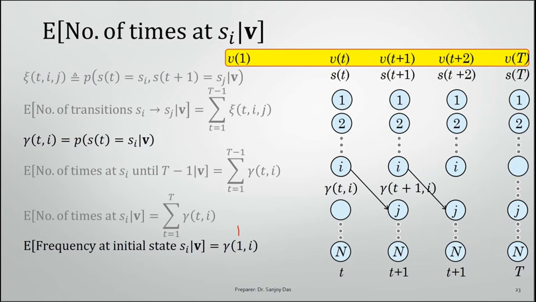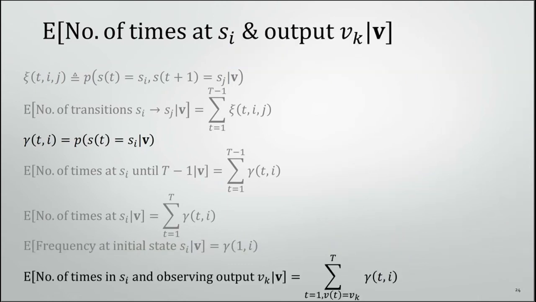By definition, that's the frequency of the initial state Si given V. And the number of times in Si and observing output Vk given V is given by, now we have the gamma Ti's for each time step, so we have a gamma Ti here, another gamma Ti here, another here, another here, another here.